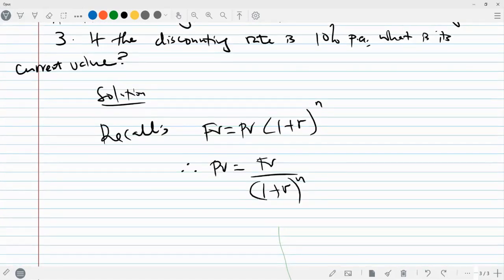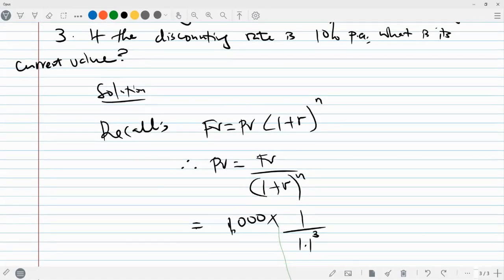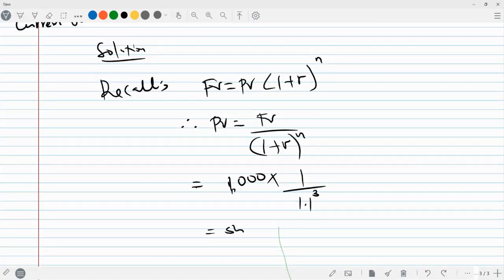So the present value of this 1,000, which is a future value because it's a value at the end of year 3, times 1 divided by 1.1 to the power of 3, and you get 756. What do you get? 756?